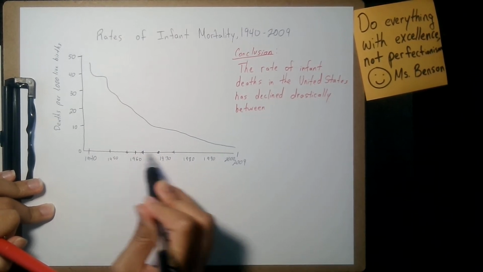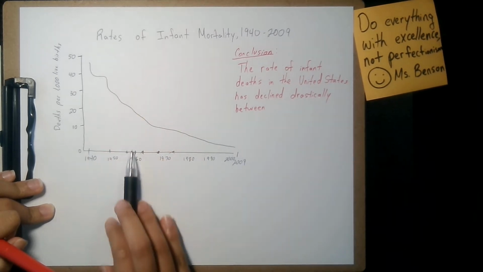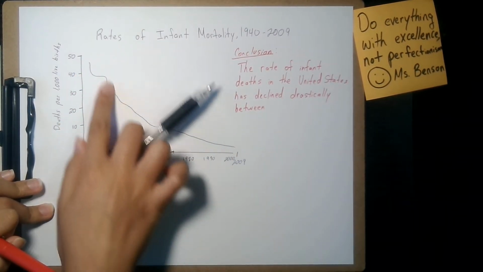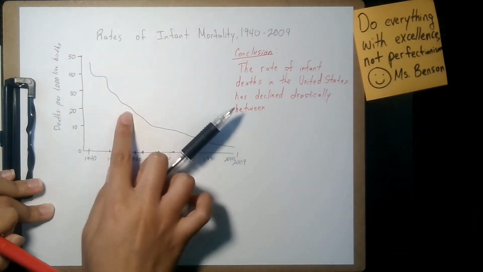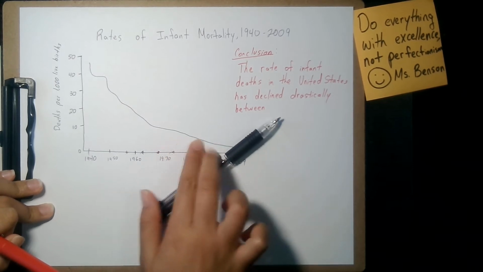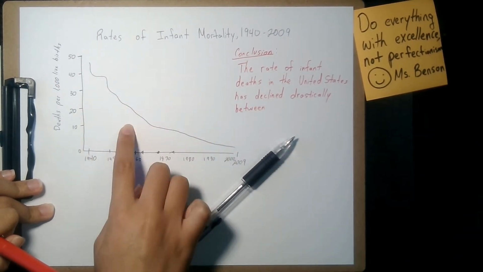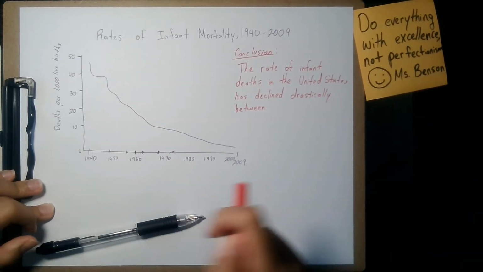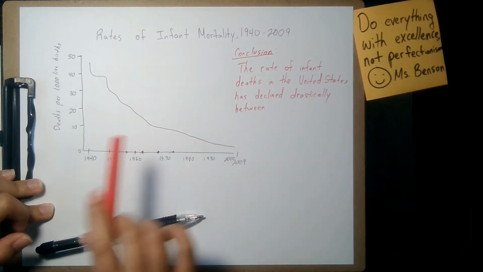Ignore these little chicken marks. So we're seeing that here is where there was the most drastic change. It's much steeper. If you remember from math, we were talking about slope. Here, there's not much of a change. It only goes down a little bit, whereas here it went down drastically. So we can say the rate of the infant deaths in the United States has declined drastically. We know that there's less babies dying.